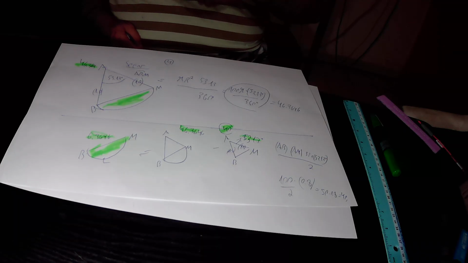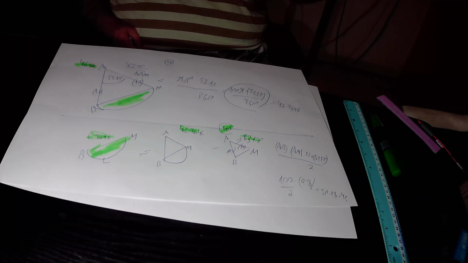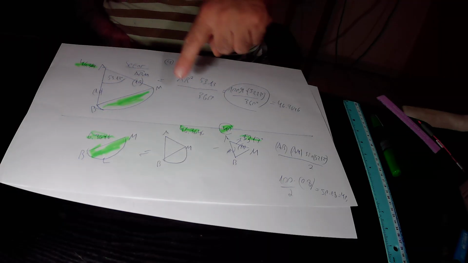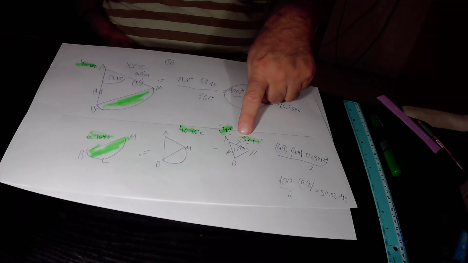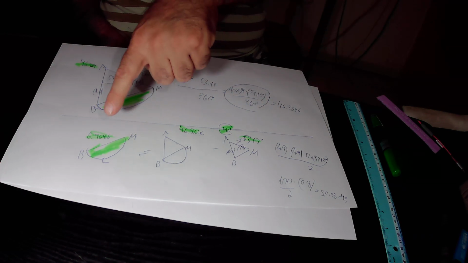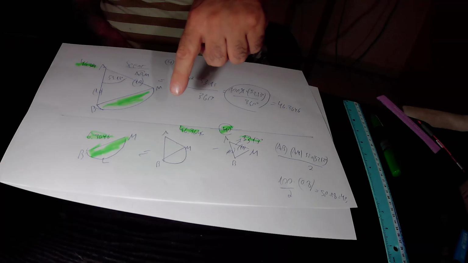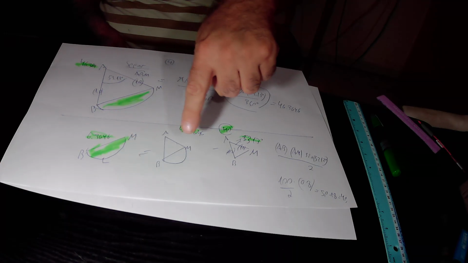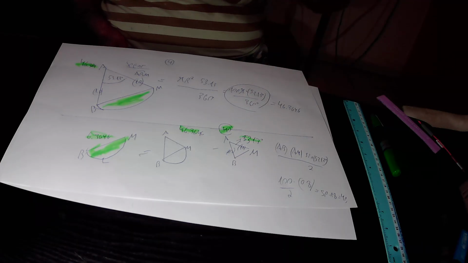From the drawing, it is very easy to see that the area of this lower segment BLM equals the area of sector ABM minus the area of triangle ABM. If you remove the triangle ABM from the sector, we get segment BLM. So the area of segment BLM equals the area of sector ABM minus the area of triangle ABM.